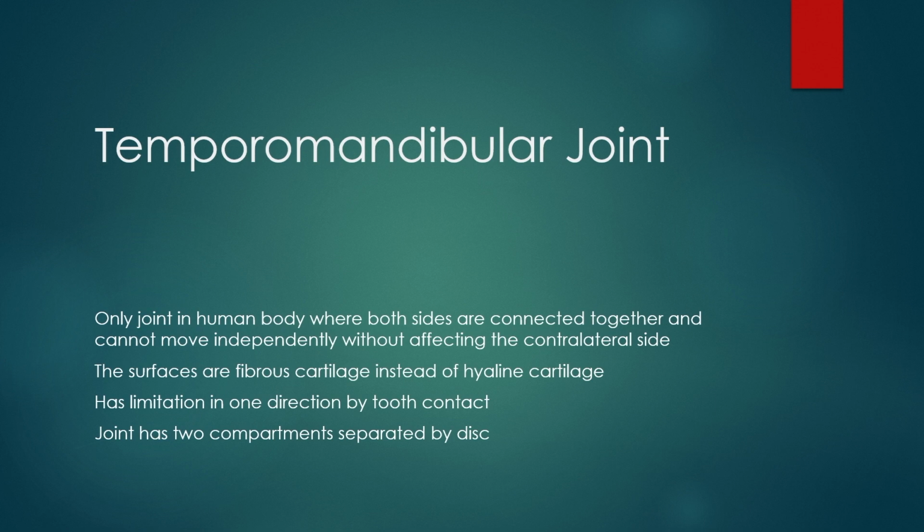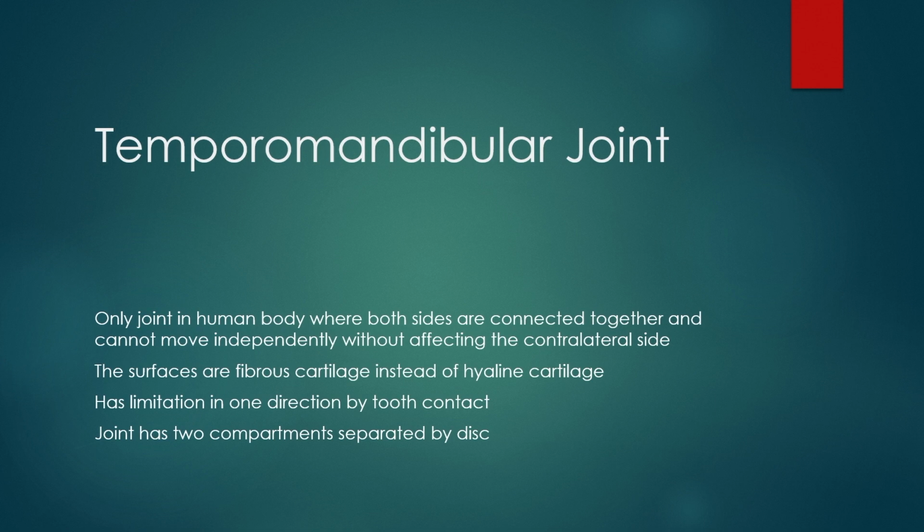In the temporomandibular joint, it's actually the only movable joint in the body that is connected on either side. So you can't move your left condyle without moving your right condyle, because even if you're going towards the right side, that right condyle has to move a little bit, okay?